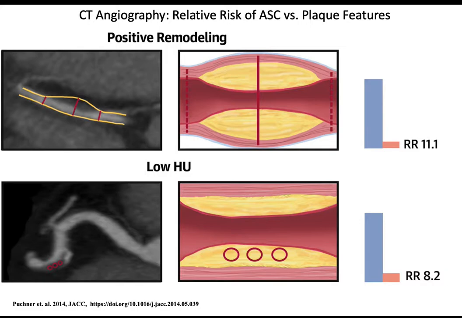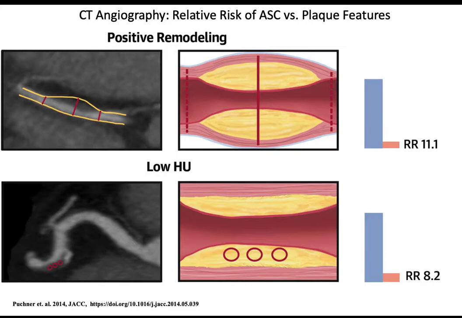If the material in the plaque has a low Hounsfield unit, meaning it's more fat or lipid deposition, that also increases the risk. There's some remodeling, some cells eating away at plaque features, and they can rupture, so there's a physiological idea behind it, and it causes an increase of 8 in your relative ratio.